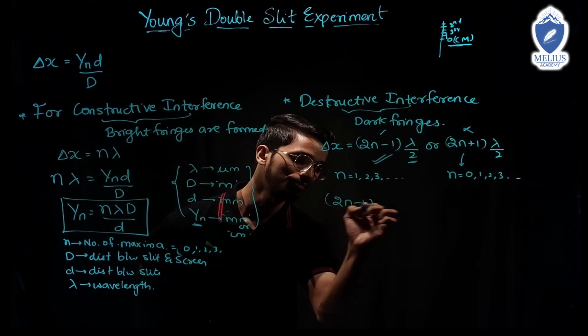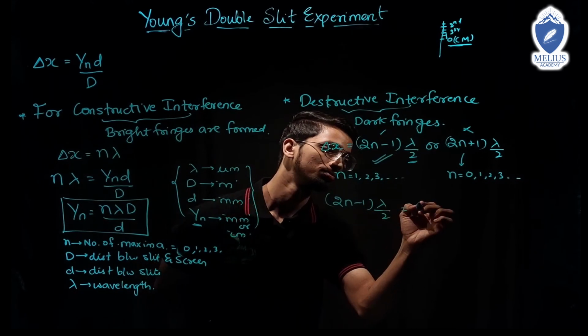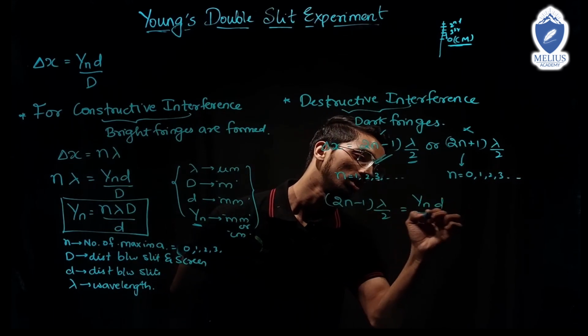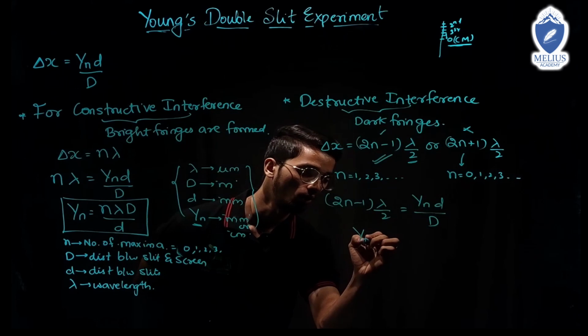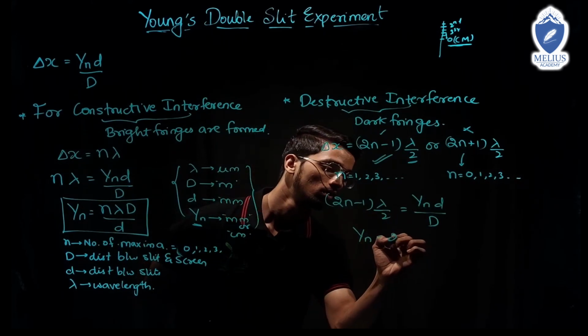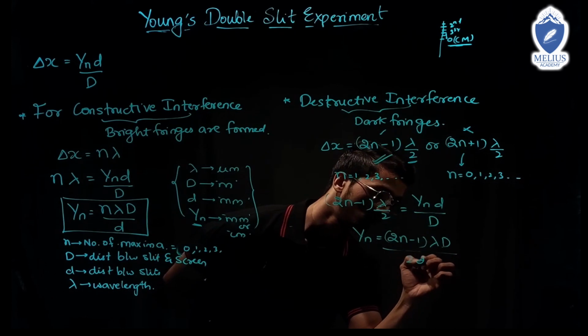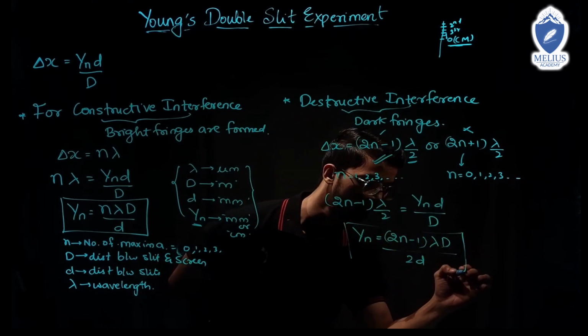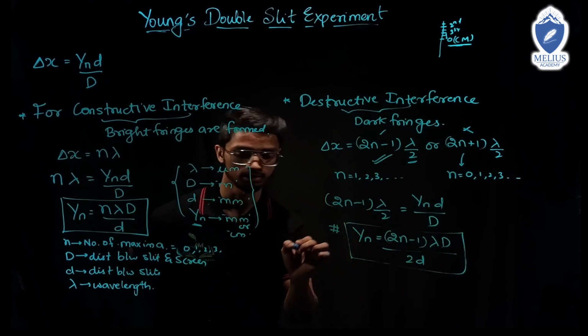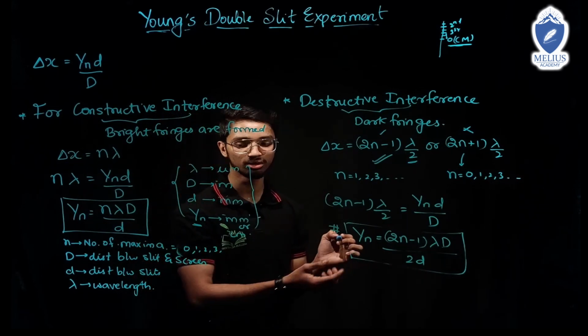2n minus 1 lambda by 2 is equal to yn small d by capital D. From here, yn will be equal to 2n minus 1 lambda capital D by 2 small d. This is the condition for minima. This is for maxima, this is for minima.